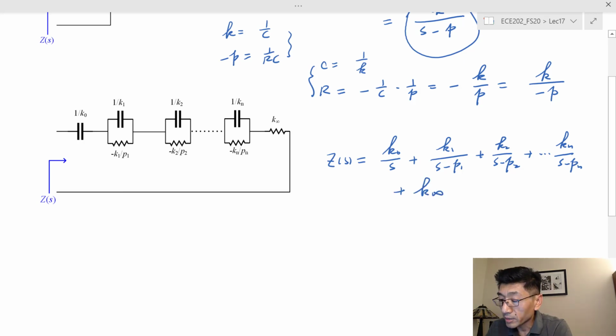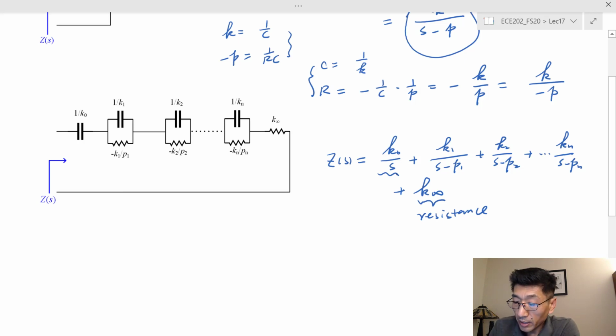In this case, this constant term K sub infinity, we call this a pole at infinity. This is going to be the resistance, and this is going to be the pure capacitance.